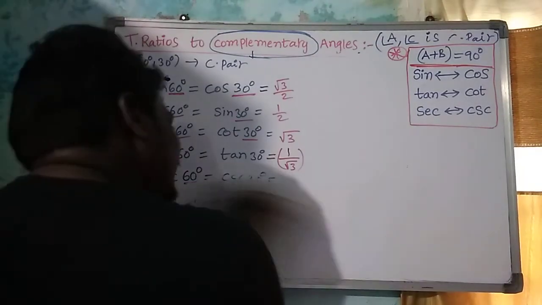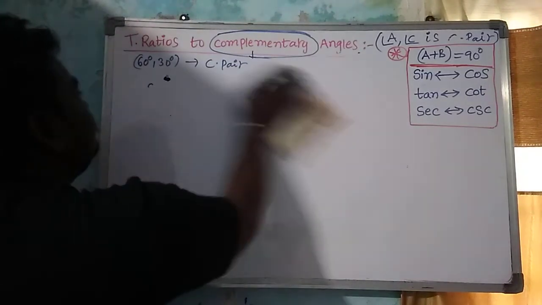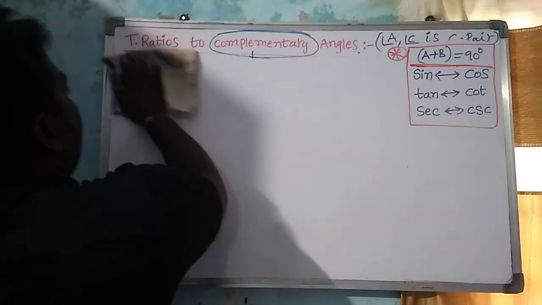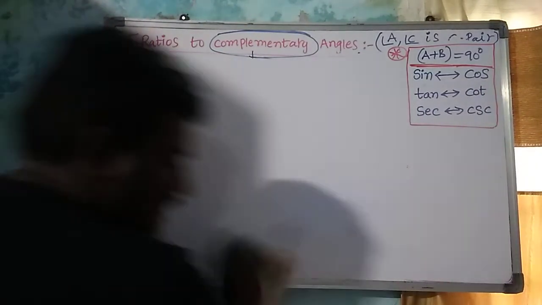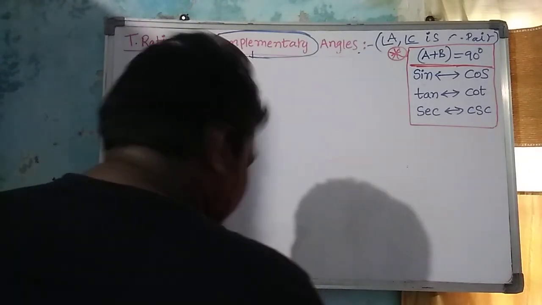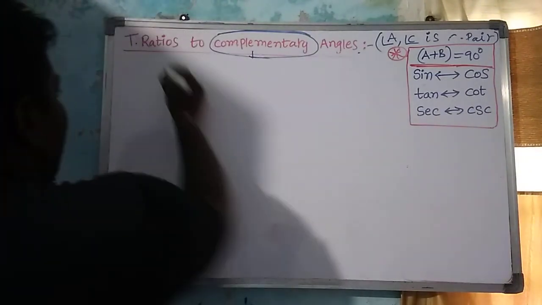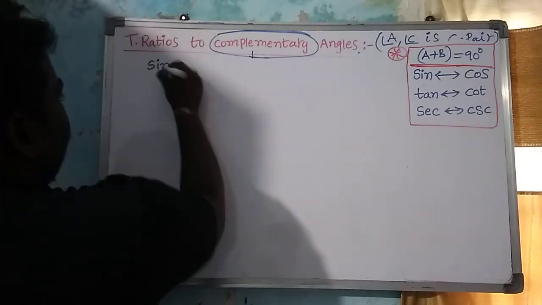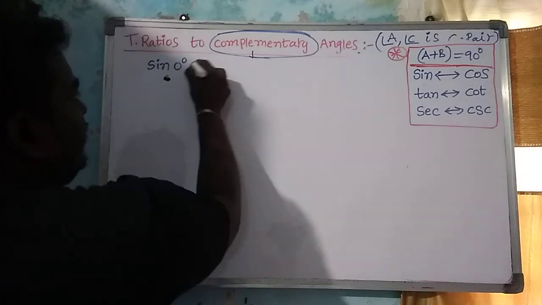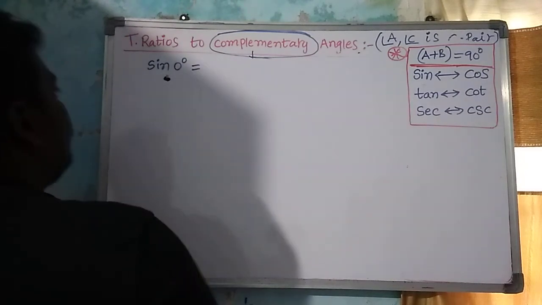Now we can generalize. Sin 0 equal to 0, done.